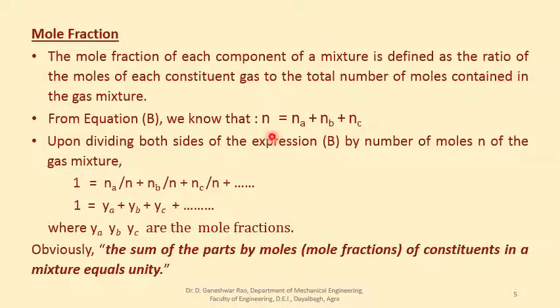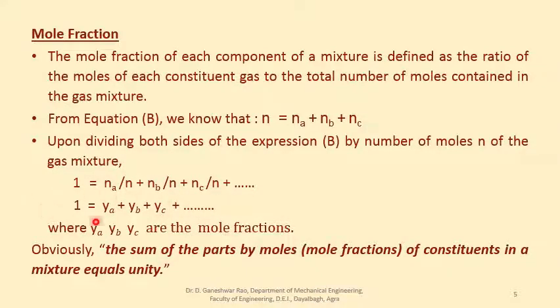Is that okay? Now n is equal to Na plus Nb plus Nc, divided by n, then 1 is equal to Na upon n plus Nb upon n plus Nc upon n, and so on. Now Na upon n, that is mole fraction, is shown by Y. So Na upon n is the mole fraction of constituent A, so we call it Ya. Nb upon n, the mole fraction of constituent B, we call it Yb, and so on.